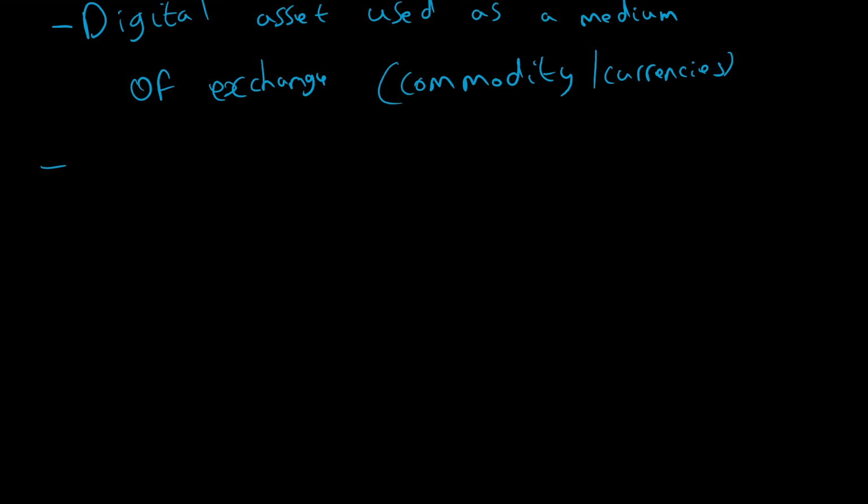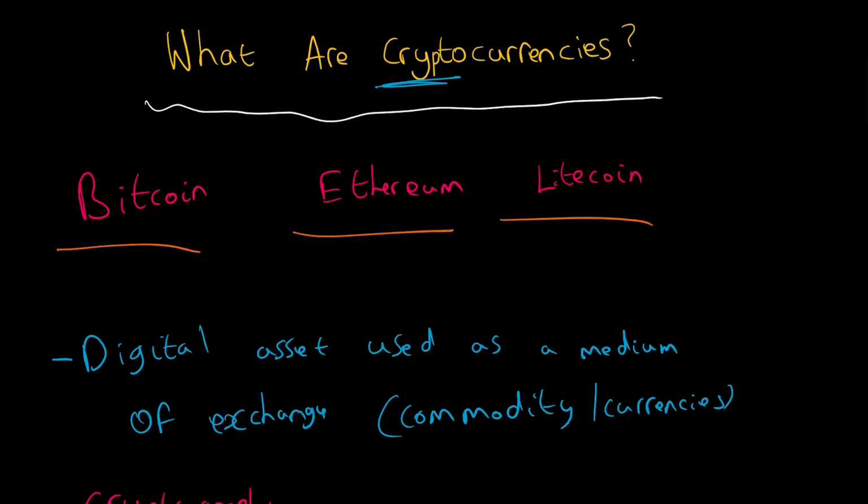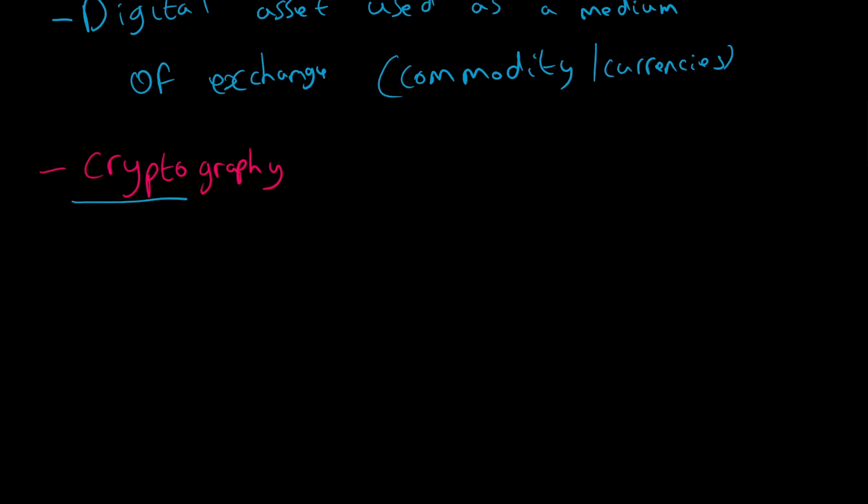Behind the scenes, they use something called cryptography, hence where the crypto part comes from in cryptocurrencies.